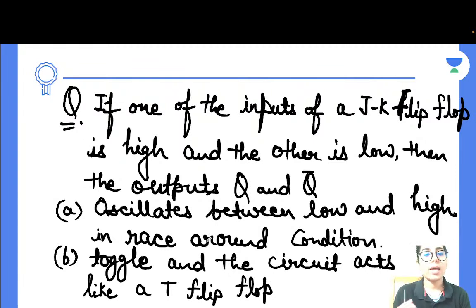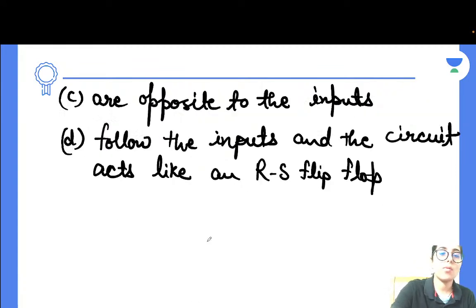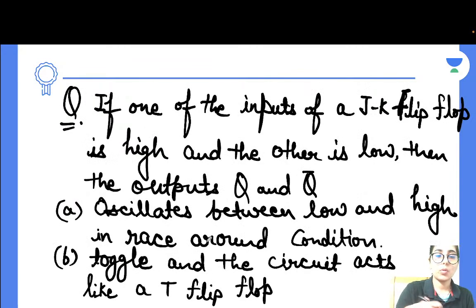Will they toggle and the circuit act as a T flip-flop? The outputs, are they going to be opposite to the inputs? Or will they follow the inputs and the circuit act like the RS flip-flop? So you just have to see how your circuit will behave and what outputs it will give you. That's what you have to consider.